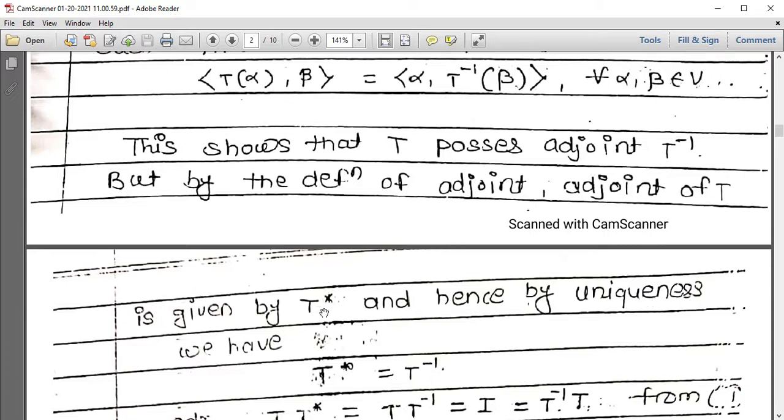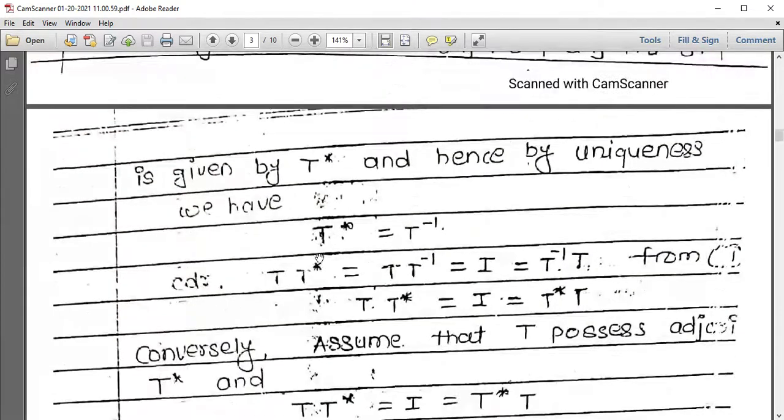The adjoint of any linear operator is unique. Hence, we have that T star is nothing but T inverse. So we get T into T star, which is equal to T into T inverse, which is equal to I, which is equal to T inverse into T, from equation number 1.